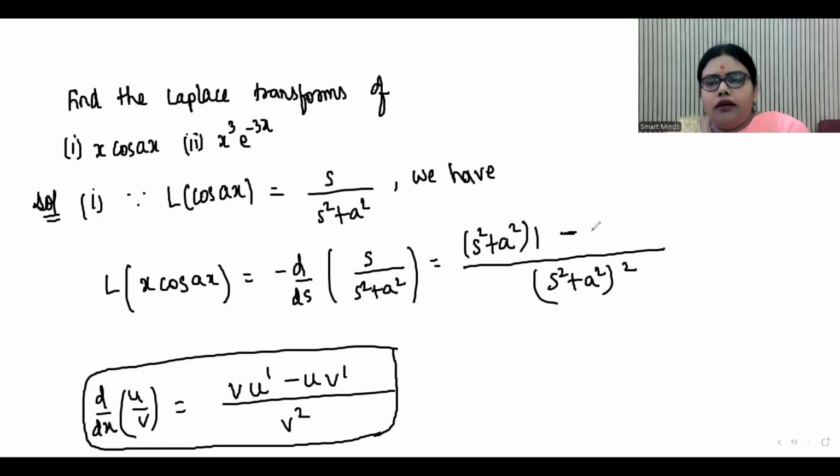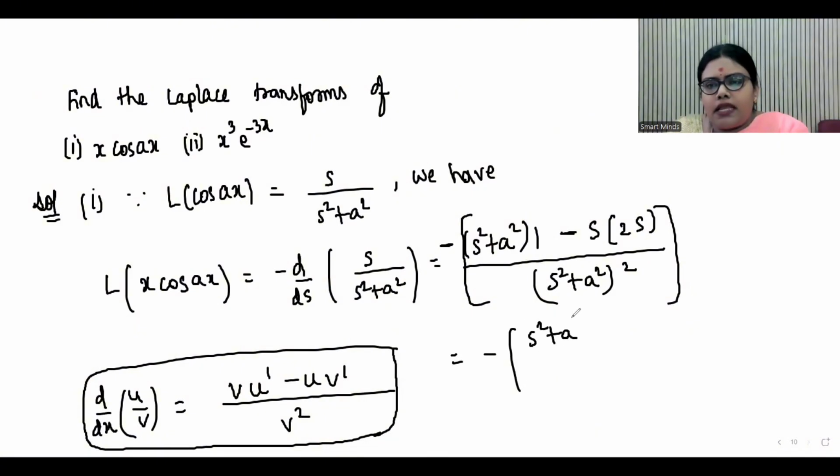Minus, now we write the numerator as it is, and we differentiate the denominator, that is 2s. And outside you have a minus, write that minus as it is. So that is minus of (s square plus a square minus 2s square) by (s square plus a square) whole square.